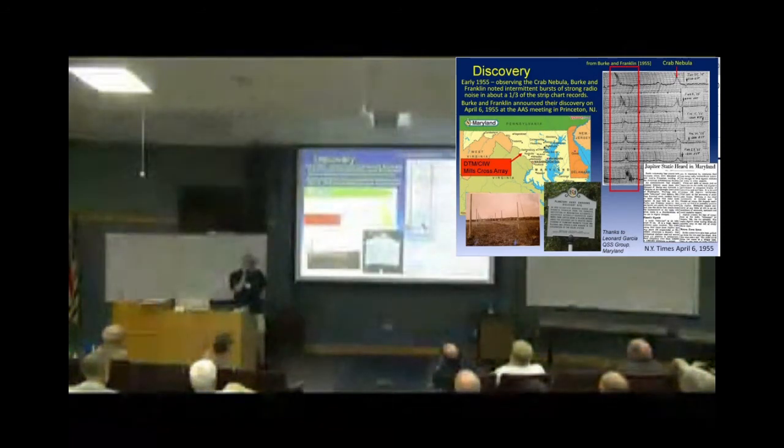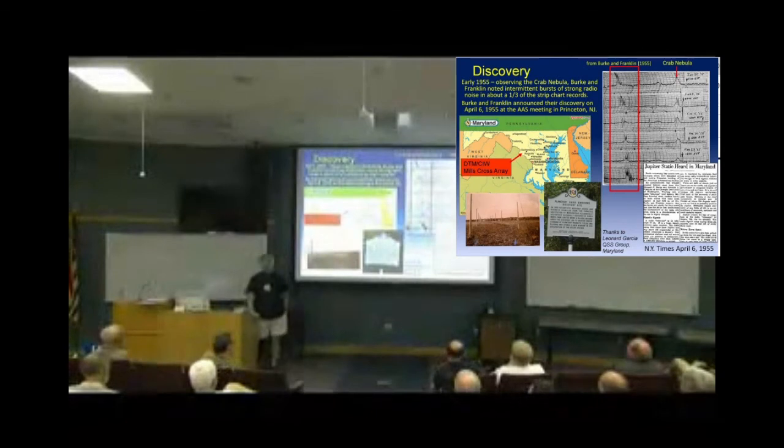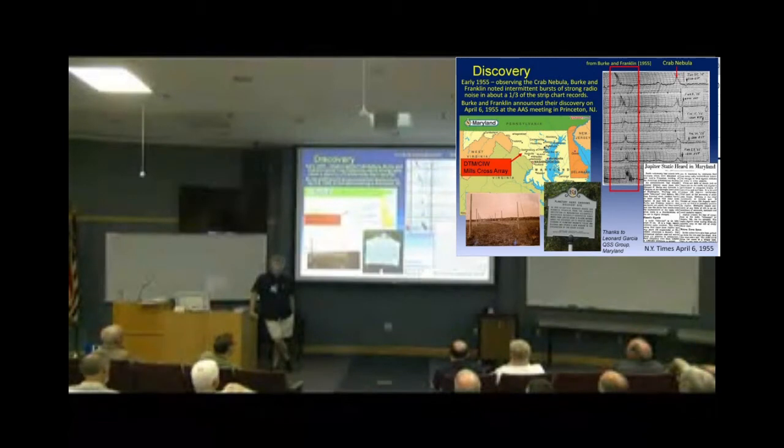So an astronomer and a graduate student in the mid-50s were trying to observe the Crab pulsar. And in doing so, they kept getting some interference, what they thought was interference, on multiple nights.